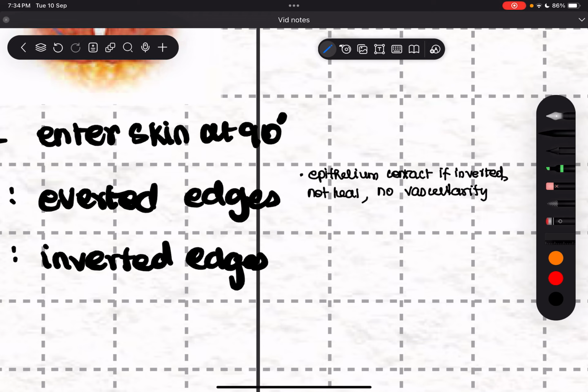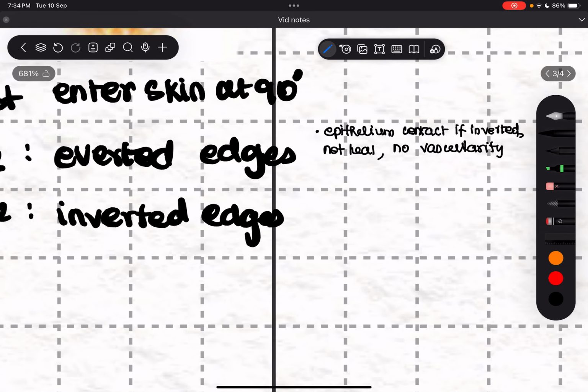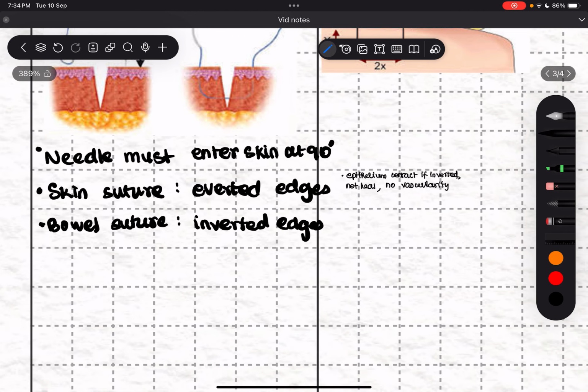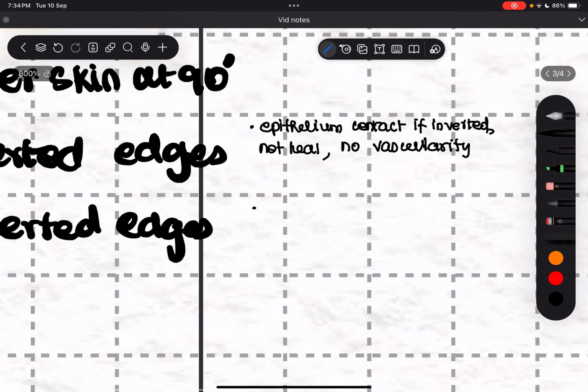But we use inverted edges in bowel suture because we don't want leakage of material from bowel.